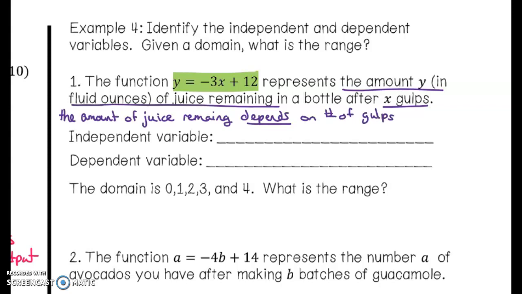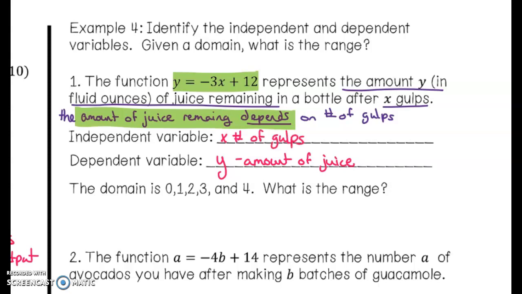So the amount of juice depends, so that tells me that the amount of juice is dependent, and that was y. So y is the dependent variable, it is the amount of juice. All right, and x was the number of gulps. And so that's independent because you control how many gulps you take, but that changes based on how many gulps you take, how much juice remains.